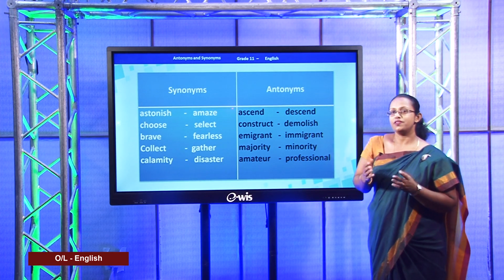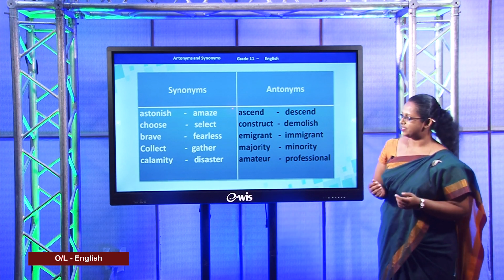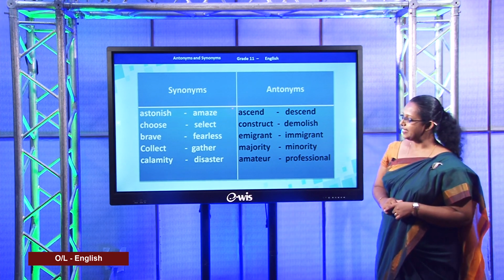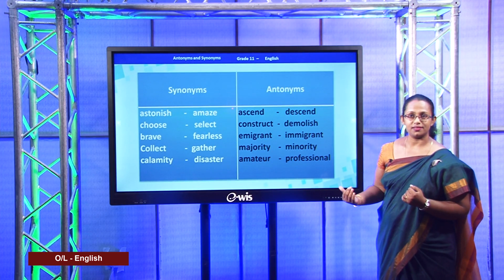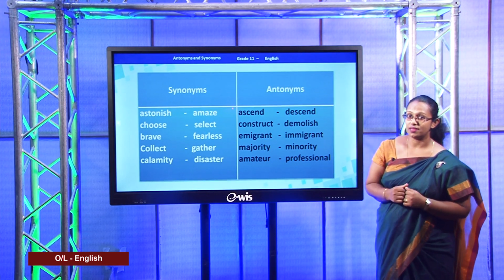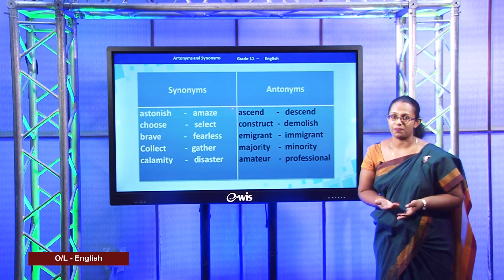So, it is fearless. Similar words. Then, collect. We collect things. Gather. Similar words, collect and gather. Next one, calamity. Do you know the word calamity? The meaning of it? Disaster. Can you remember tsunami? It was a huge disaster.